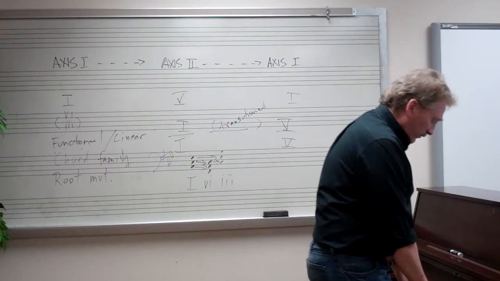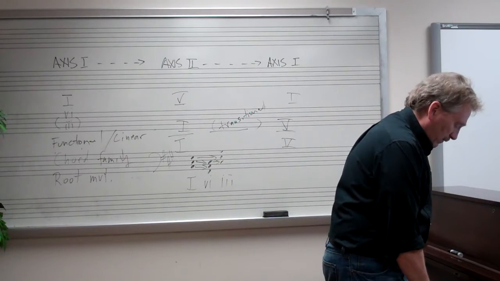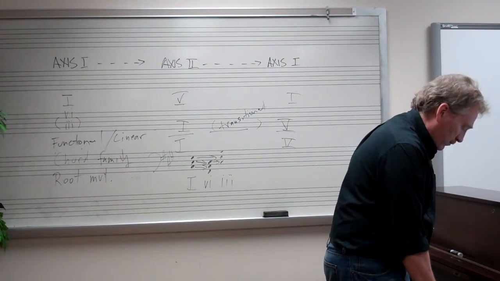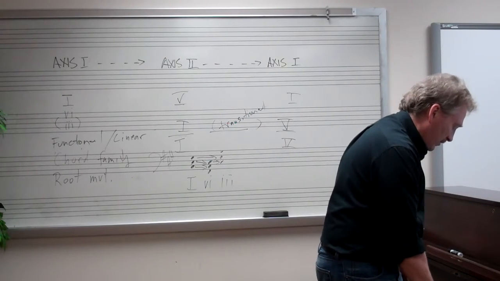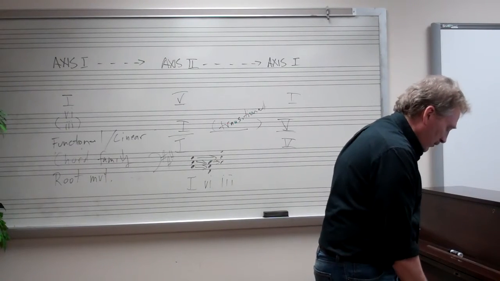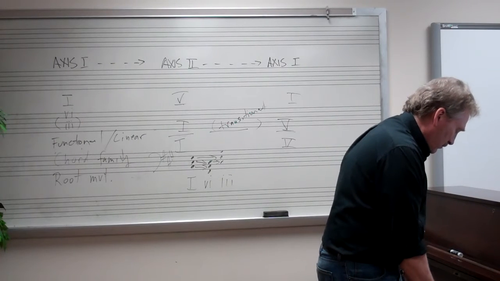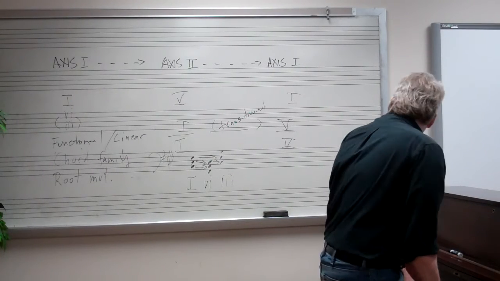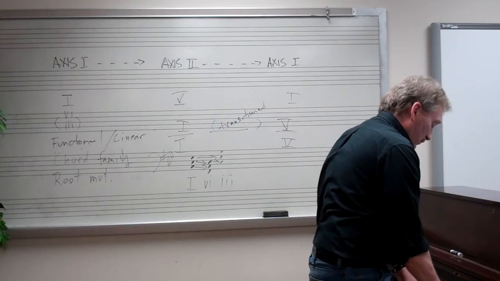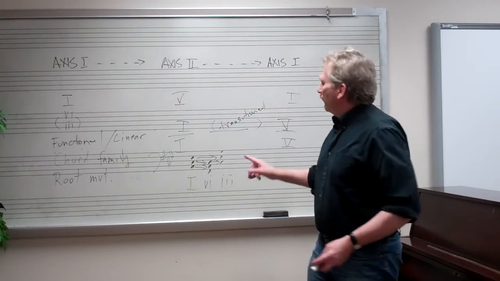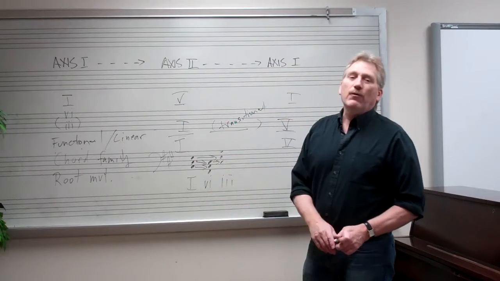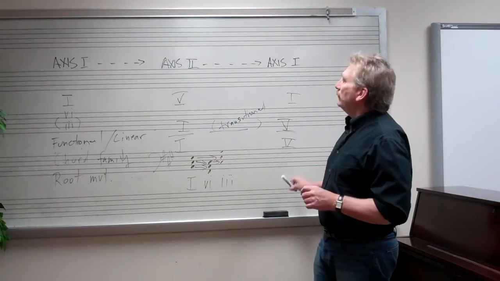We really haven't traveled very far. Again, traveling in a different way, adding some inversions, the parent and child chords haven't moved very far. We have not traveled very far.